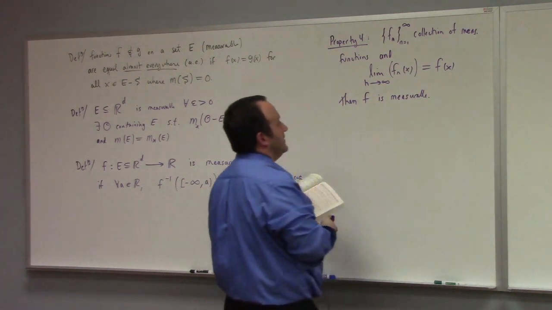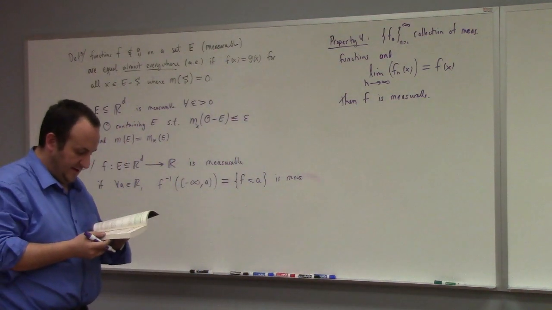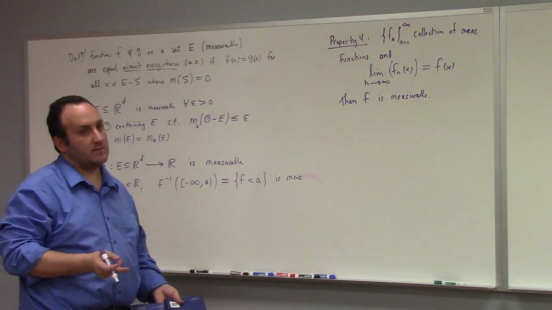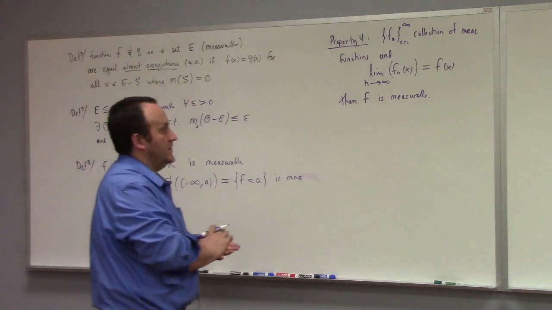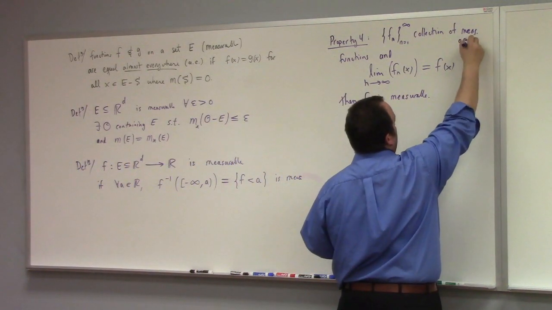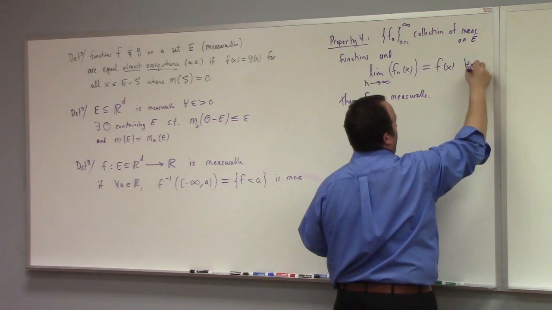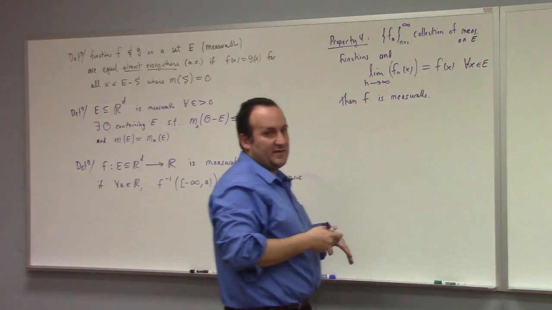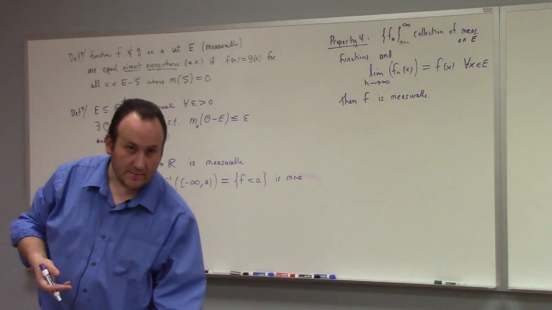Now, this statement here is, I think, intentionally vague. Which x does this hold for? So he wants these to be a collection of measurable functions on E. And initially, this is supposed to be for all x in E. All right? I believe that's how property 4 is supposed to initially be read. Okay?